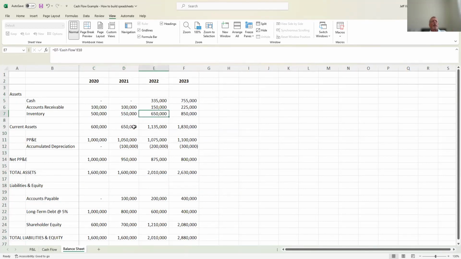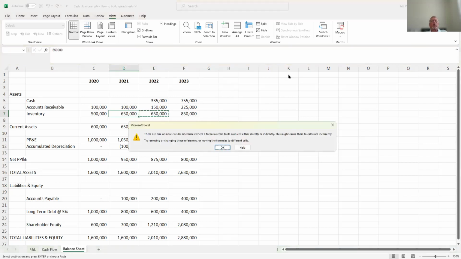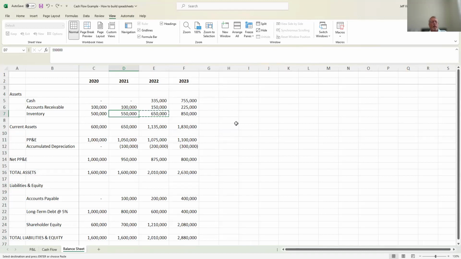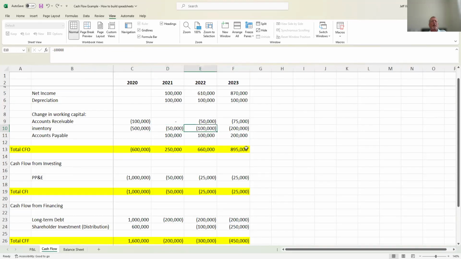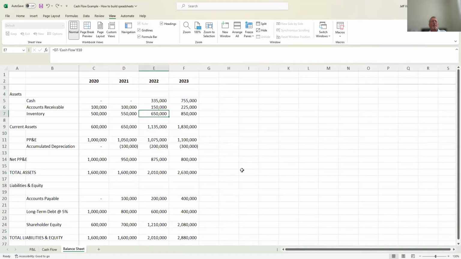I didn't put that into a formula, but there it is right there. If you take your previous, I'll just copy this over. So you take your D7, previous inventory, and you subtract your cash flow here. So it adds 100,000 in inventory. So in total, your current assets are now up to 1,135,000, including the 335 in cash.